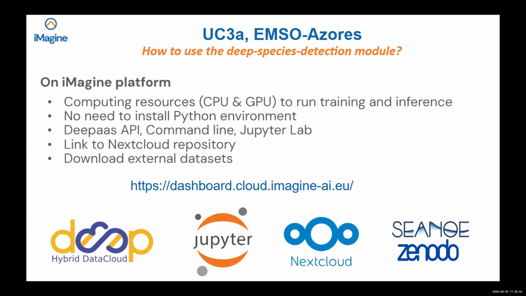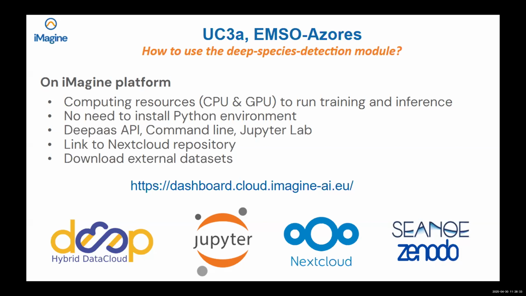And you can, of course, use the pipeline on the iMagine platform, which provides computing resources to run training and inference. You will not need to install a Python environment, and you will be able to use the pipeline with the DEEPaaS API, in command line, or in Jupyter Lab.